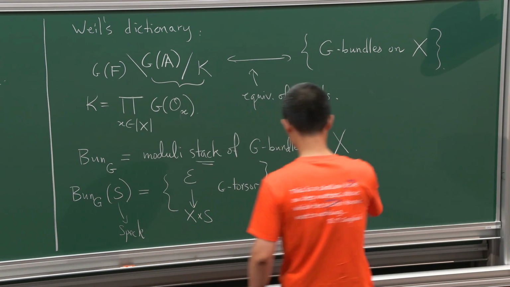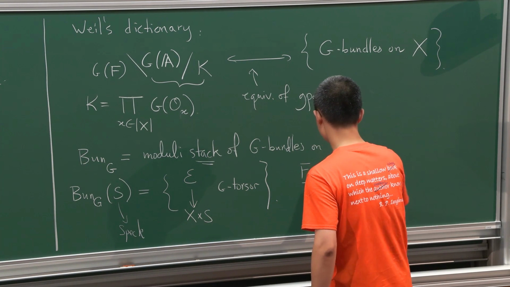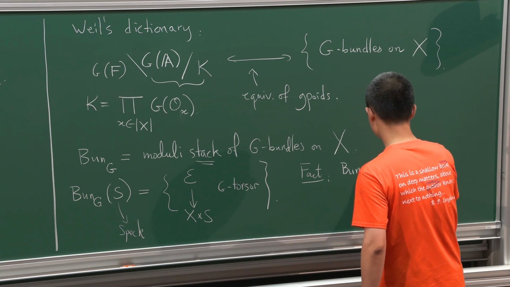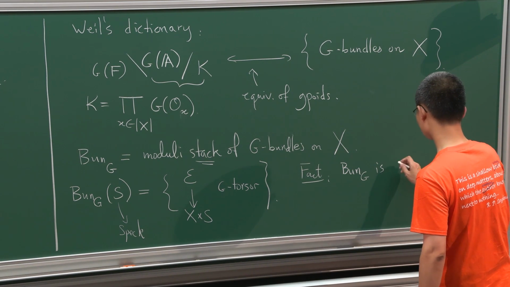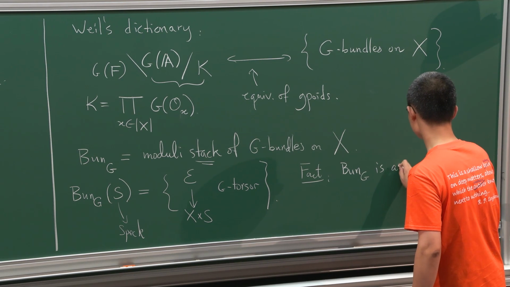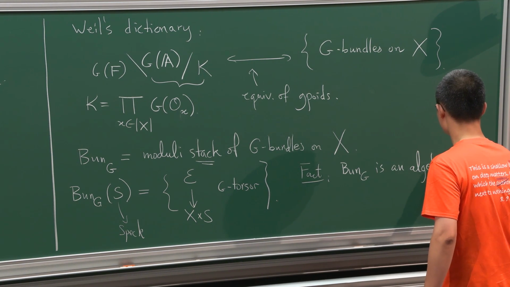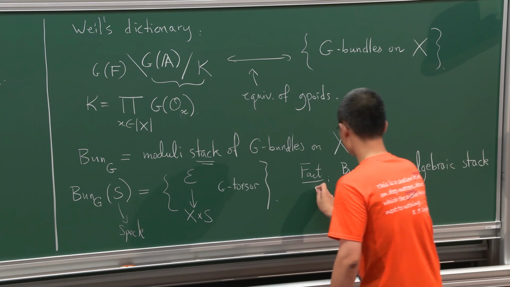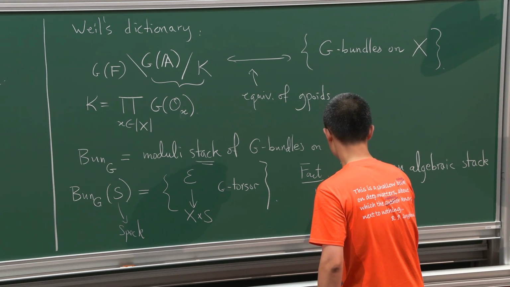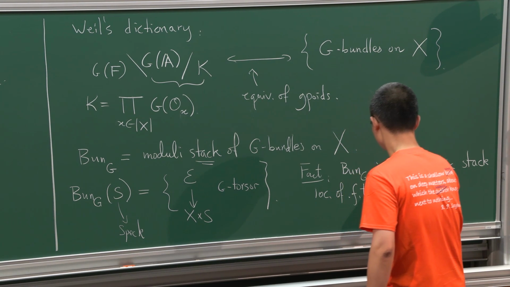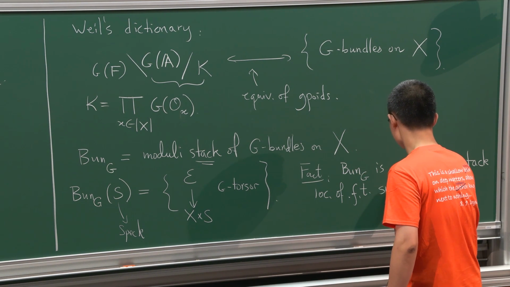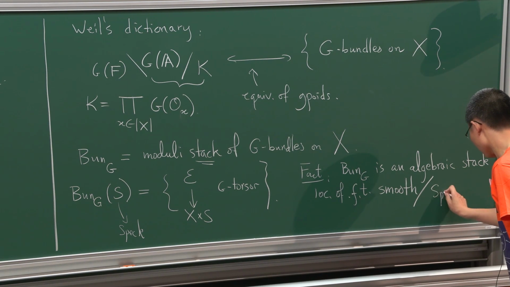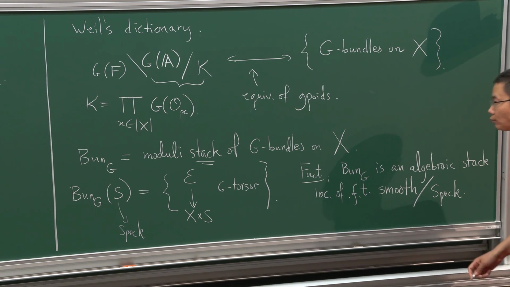And an important fact is that this Bun_G is an Artin stack, or an algebraic stack, locally of finite type, and in fact smooth over Spec F_q.